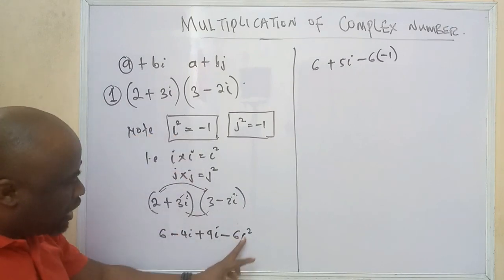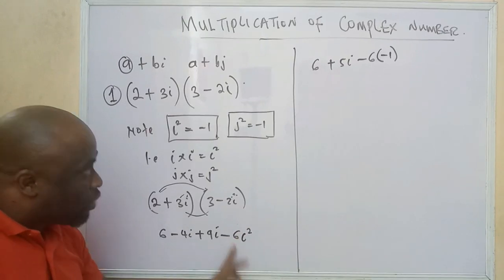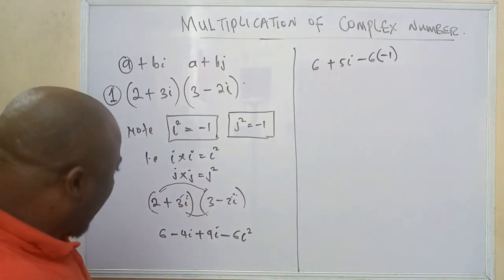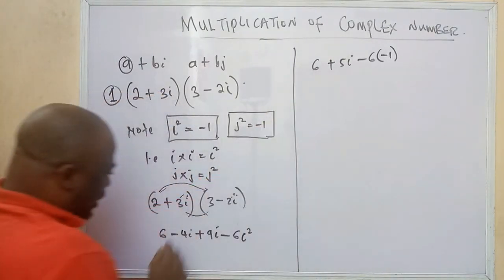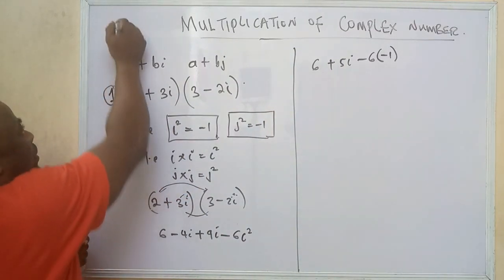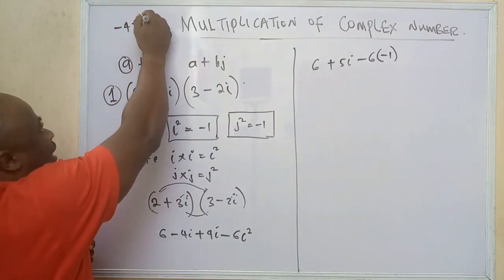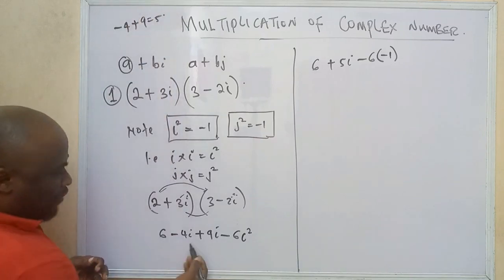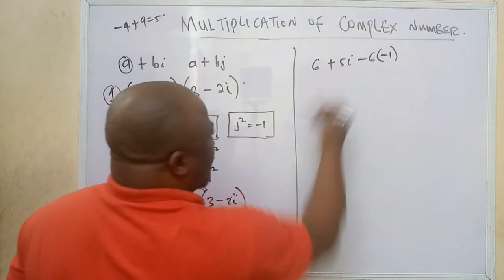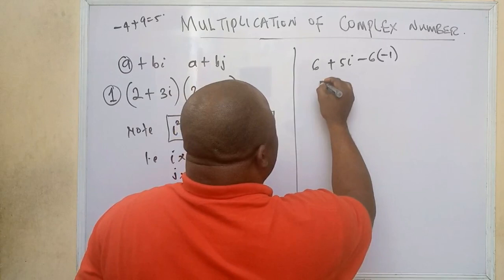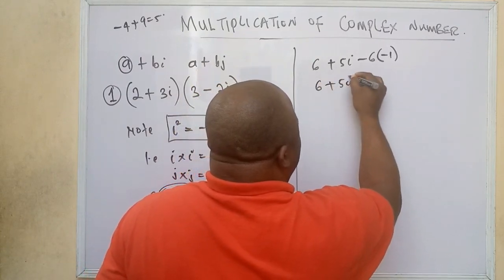Why do I have 5i here? Because minus 4 plus 9 is 5, but when you have i, you still have to put your i there. So it will be 6 plus 5i.